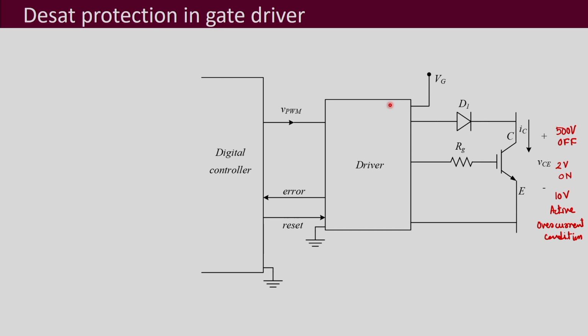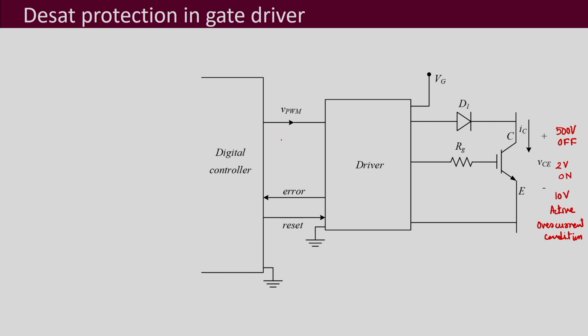Then further, what the driver does is that if it senses an overcurrent, that means a higher VCE voltage, it will stop the pulses and it will switch off this IGBT, although there may be VPWM1 here.